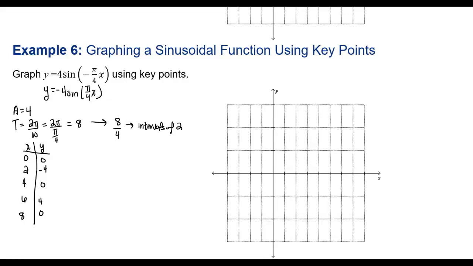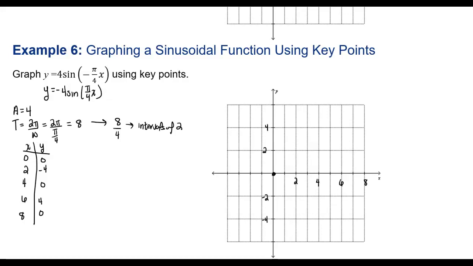Because it is a sine function, we know it starts at 0. We know the lowest it's going to get is -4. The highest it's going to get is +4. Now, the reason why we went to -4 first was because we reflected. So here we go.